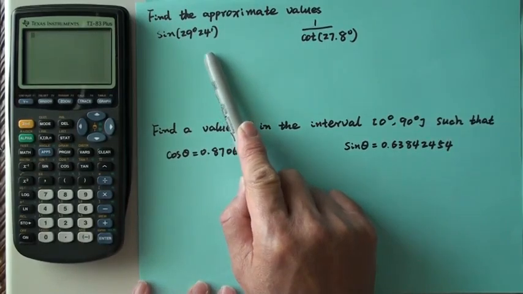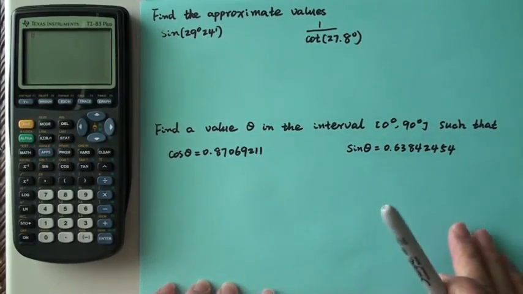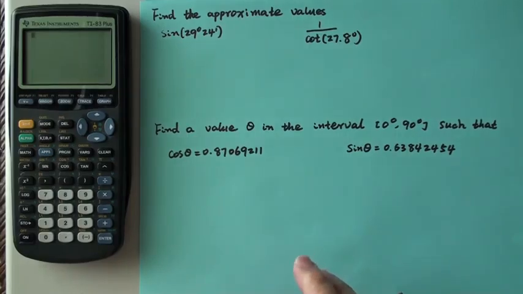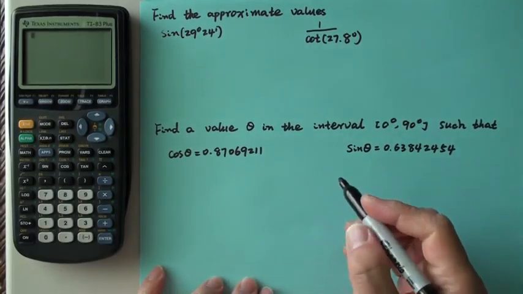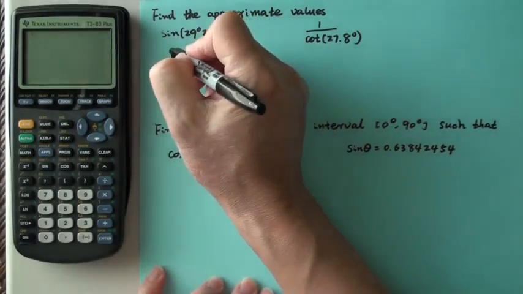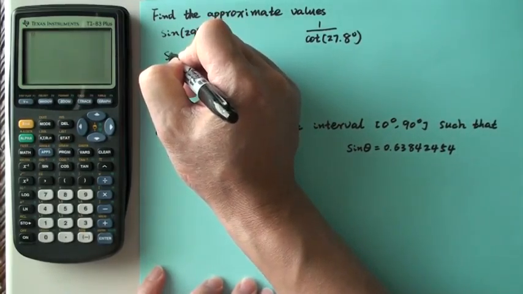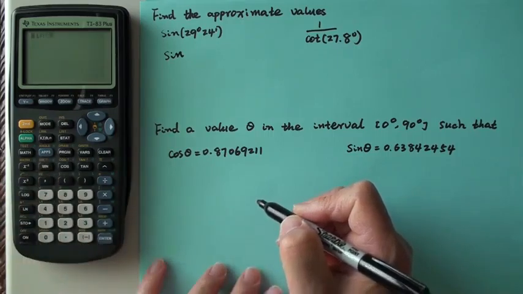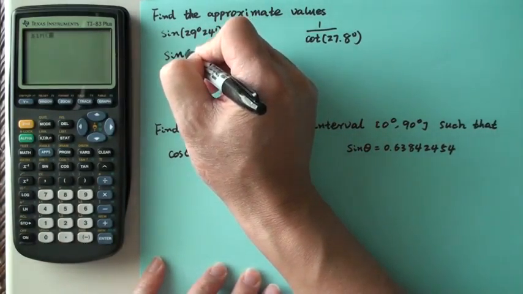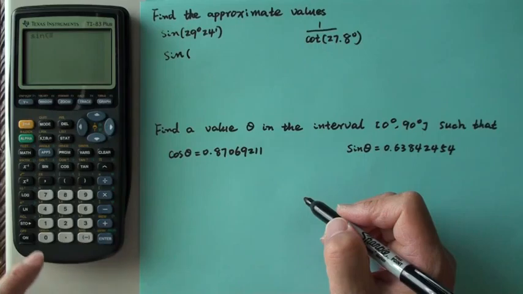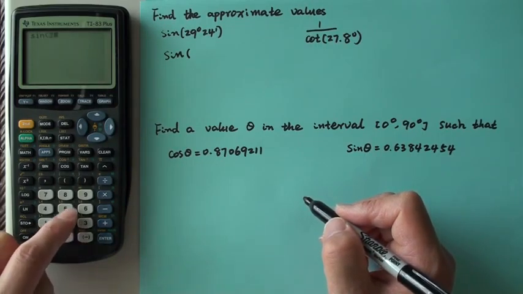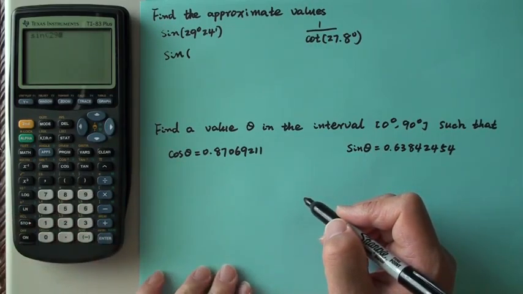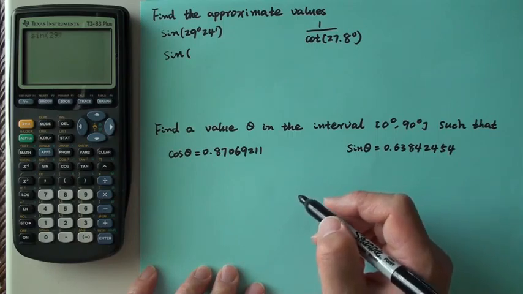Now for this one, using your calculator, you first press sine. It gives you sine left parenthesis, and then you input 29.